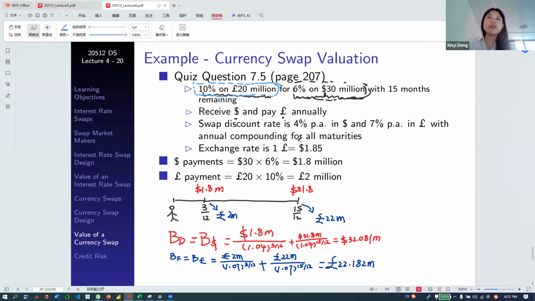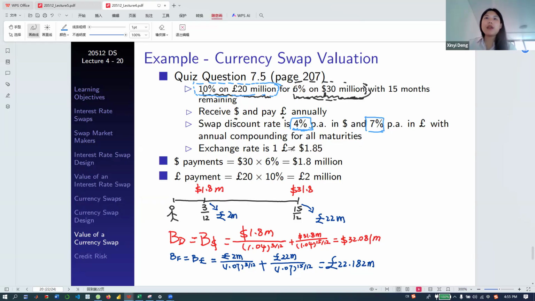We also know that the swap discount rate is 4%. This is the discount rate we are going to use in our valuation. Actually, we have two different discount rates. Note that we are dealing with two currencies, so the discount rates are going to be different for those two countries. It's 4% per annum in USD and 7% per annum in pounds.